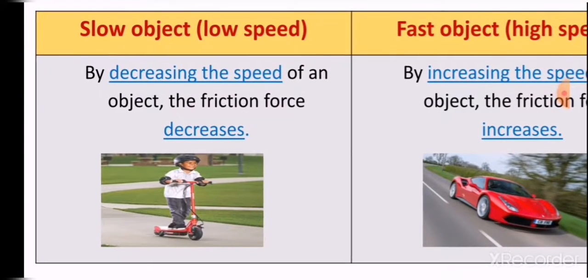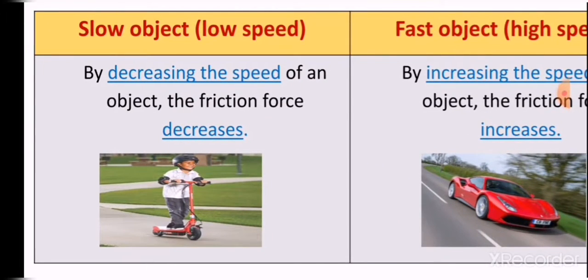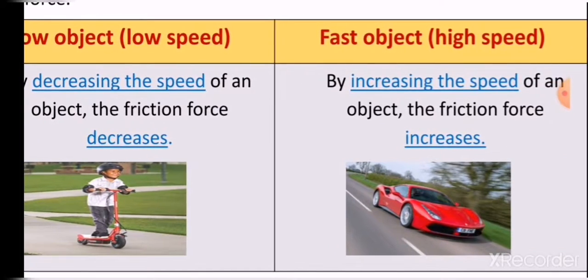Like these pictures, this boy moves in low speed. So the friction force between the tires and the road decreases because he moves this bike or this scooter in low speed. But in a fast speed, like this car, by increasing the speed of the object, the friction force increases.